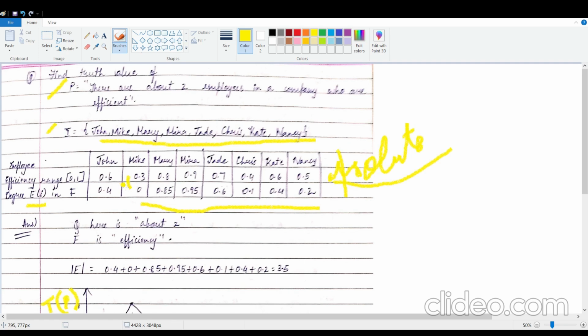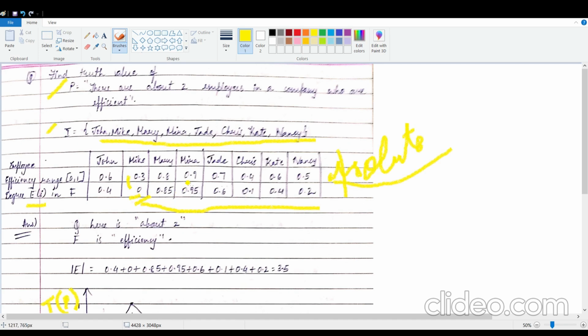But when you compare Mike's efficiency value with the rest of the people's efficiency values, he gets a 0. So what's happening here? Technically, there's no one in that company with an efficiency value less than 0.3. Since Mike has the least value, he is now considered a 0.